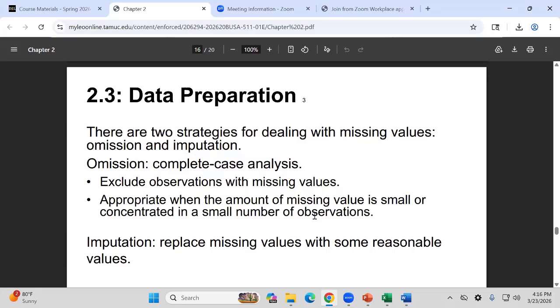Probably you need to fill out some values with your experience, right? According to your understanding about the industry, according to your prior knowledge. For example, let's say we have a customer income, and we miss one value in one cell.